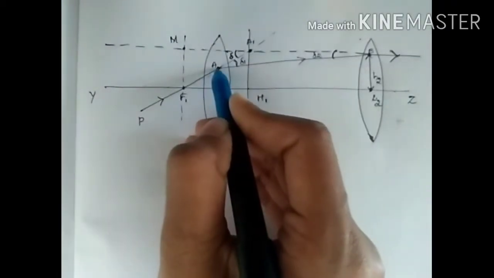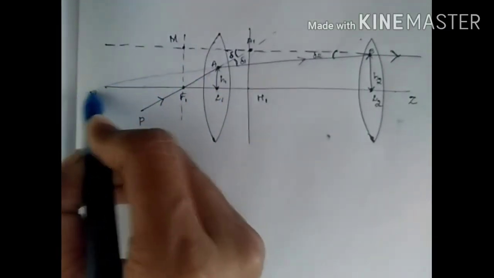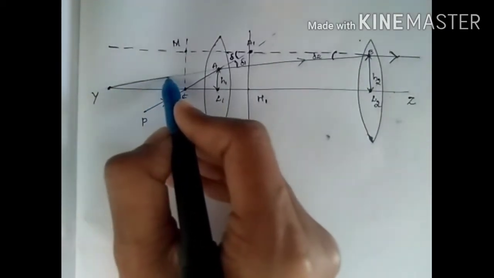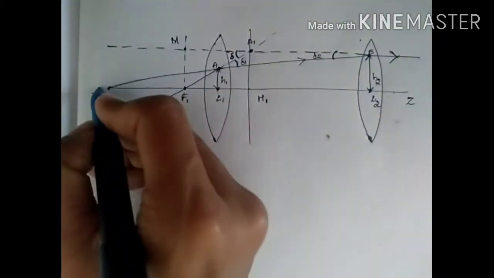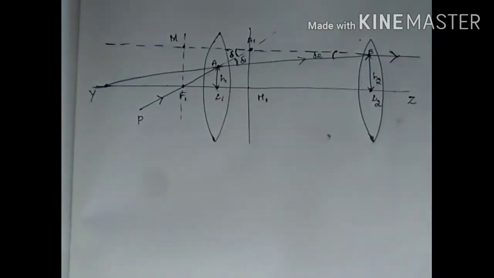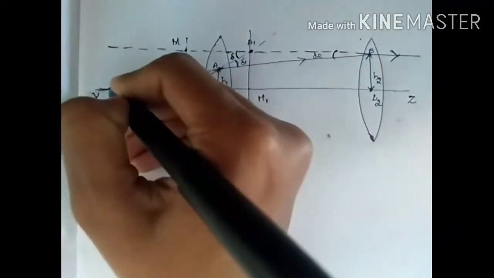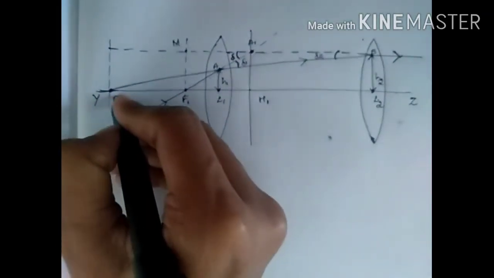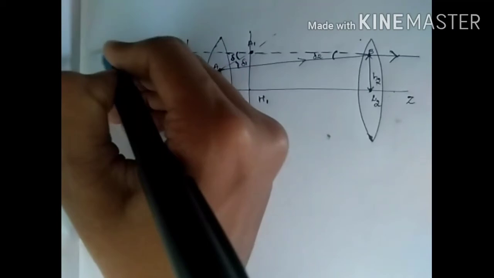So if you draw the line from AB, then that meets somewhere here. So this is the extension of AB ray. So this is the principal axis and this is the extension of AB ray. So now if you draw the perpendicular line here, so that intersects the principal axis at F1 double prime, and this point here is G.